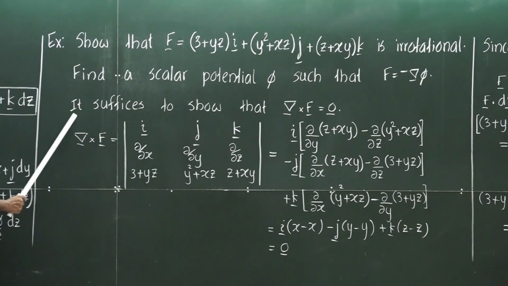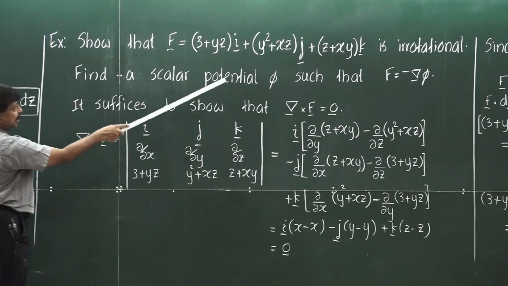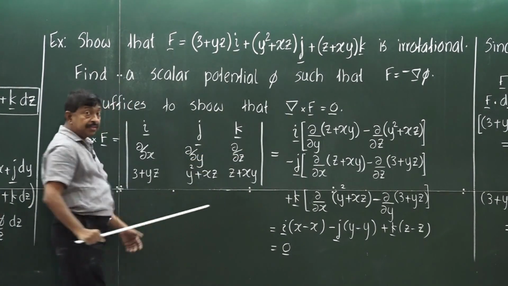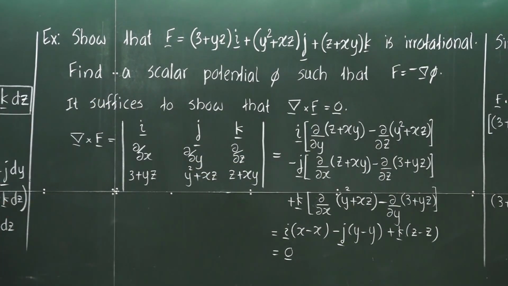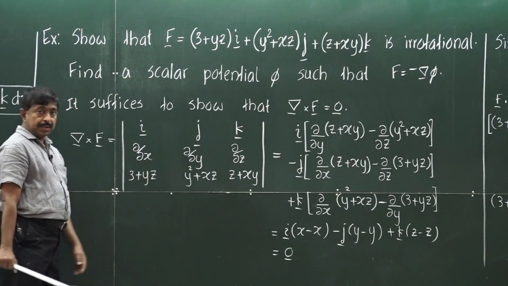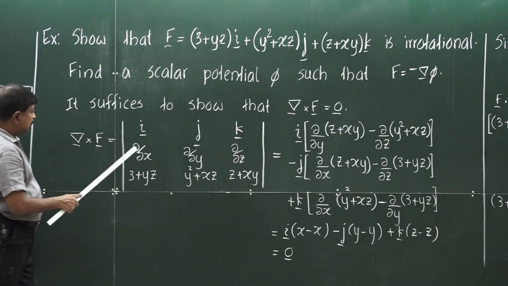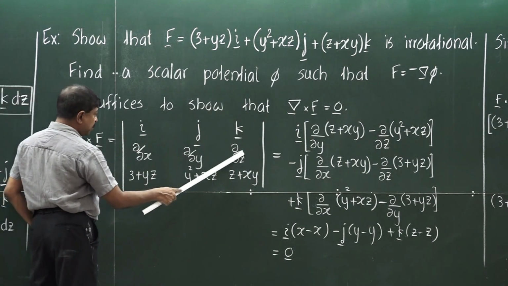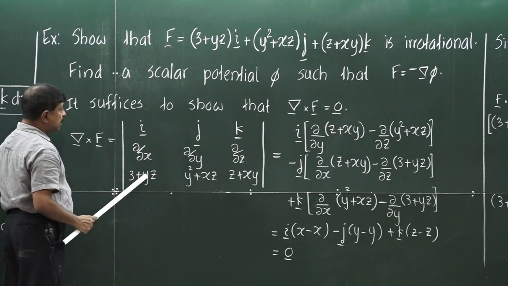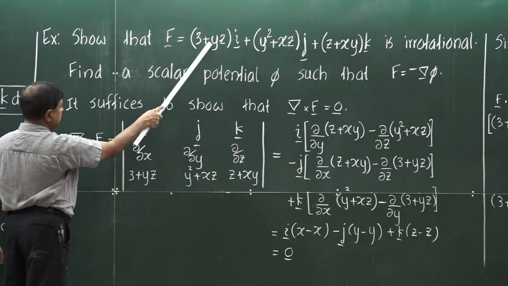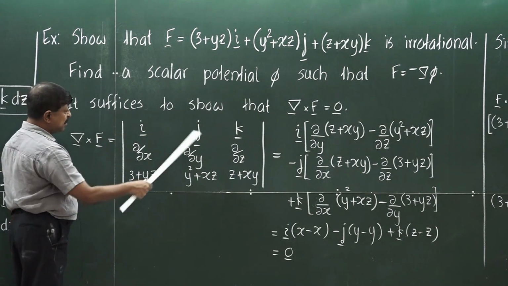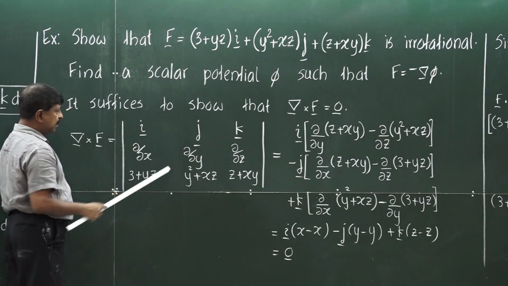So, now we need to show that the vector field is irrotational, we need to show that curl F is 0. So, let us take curl F, put i j k in the appropriate places in the same order, then the components of grad operator in the appropriate positions, then the components of the vector field in the last row. Now, you simply evaluate this determinant, we did something like that earlier.